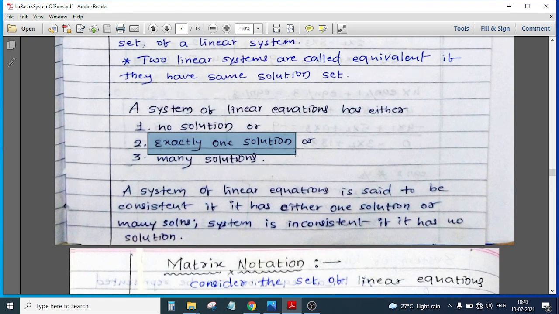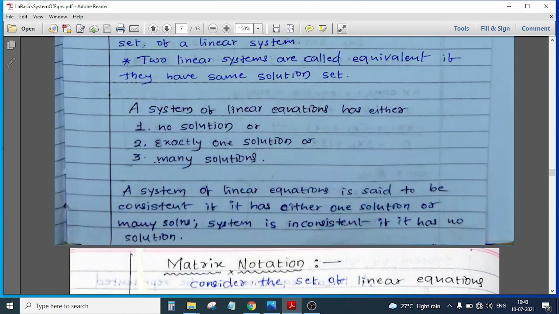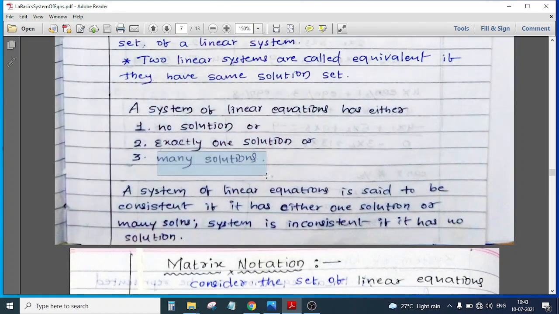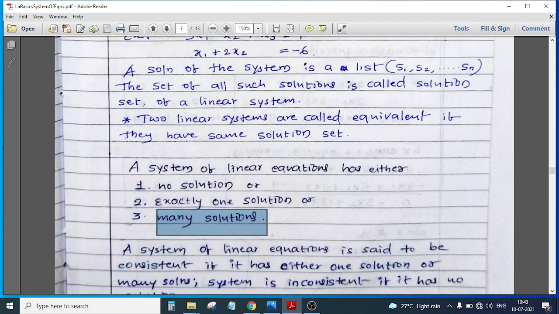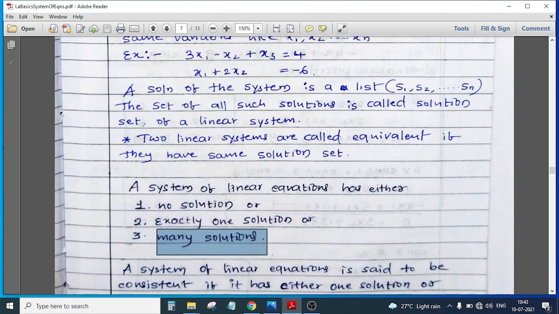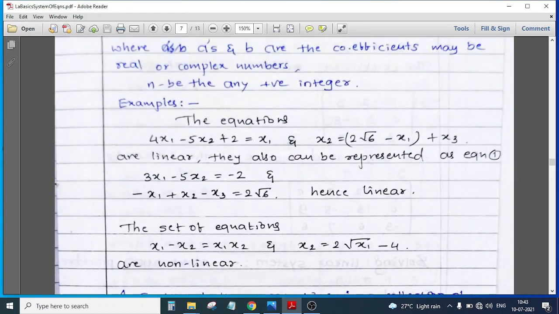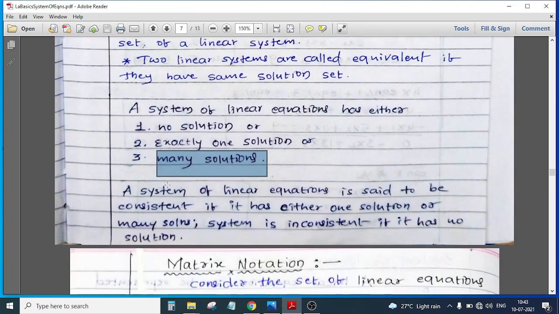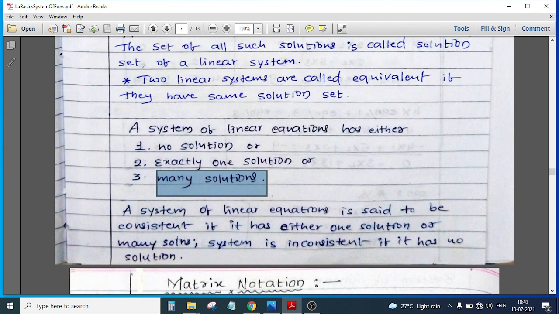Whatever the solution set, you will get only one answer. Or the third possibility is you might get n number of solutions. So this is very important, friends. That is how a system of linear equations looks. Okay, so let us try to understand the very next important point.